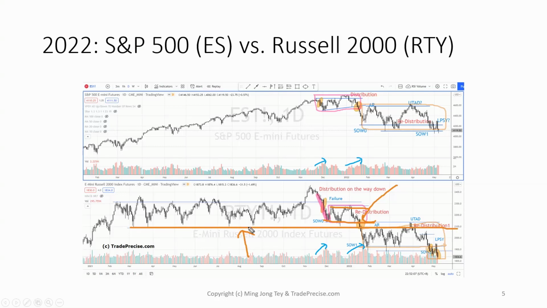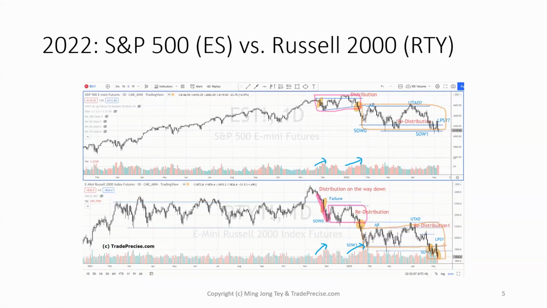There is a swing low from this big trading range that started, I think, in March or February 2021. So this whole big structure is getting violated. Previously I thought this was probably a reaccumulation structure, but now the distribution actually started on the way down, followed by redistribution, and then another breakdown.